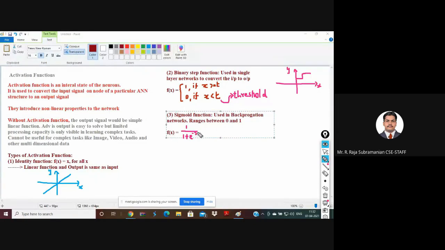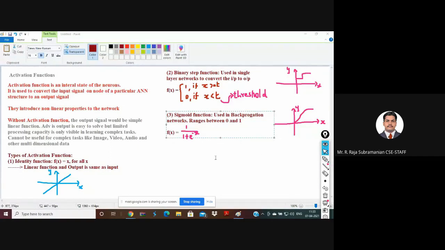So this is a sigmoidal function, which takes values between 0 and 1. Let us see the diagrammatic notation of this, say x and y. The important thing to understand is we know the sigmoidal curve will be like an S curve, but it will not go to the negative quadrant. It will be in the positive quadrant only. It will be like an S, right?